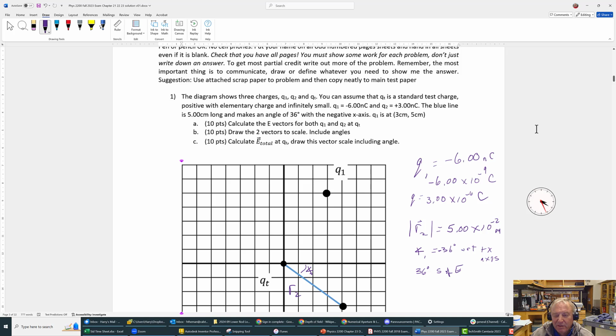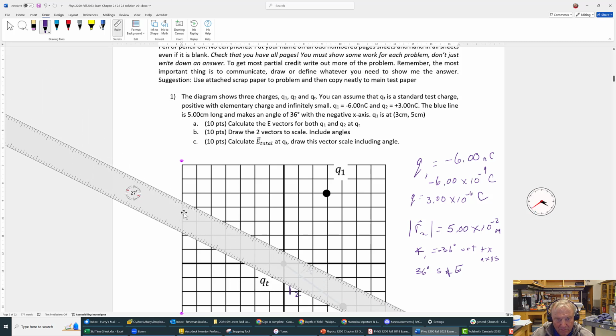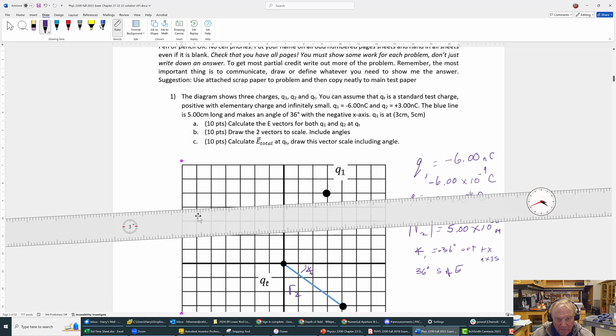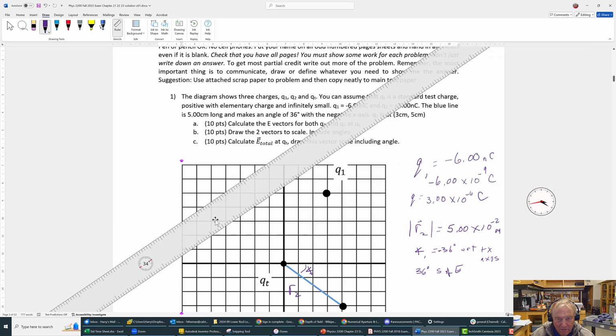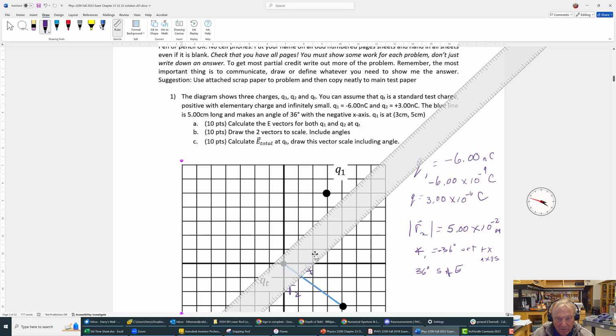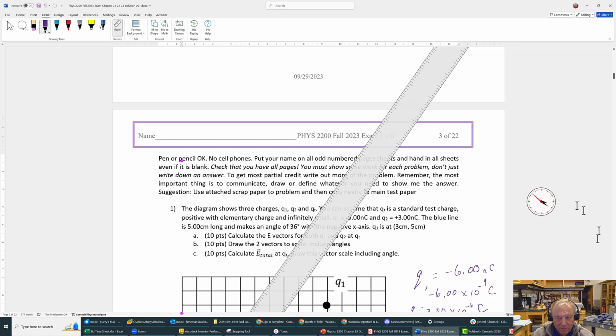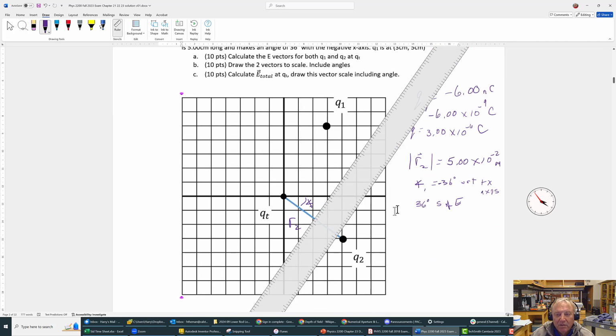Q1, excuse me, is located at 3.5 in centimeters. So we'll just go ahead and get ourselves a ruler here. Oops. All right.